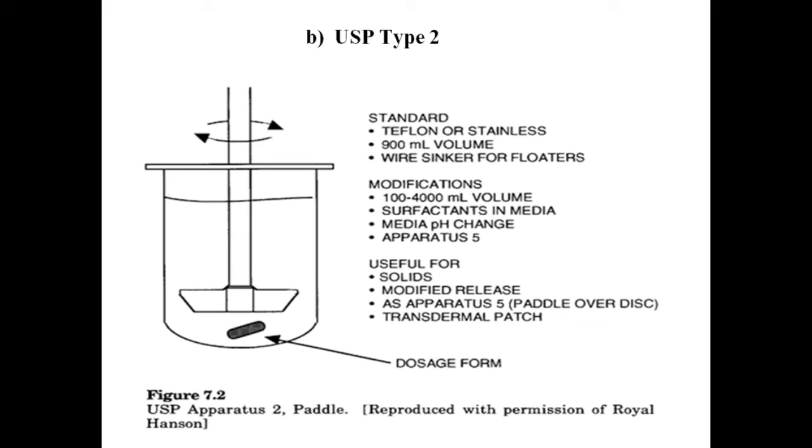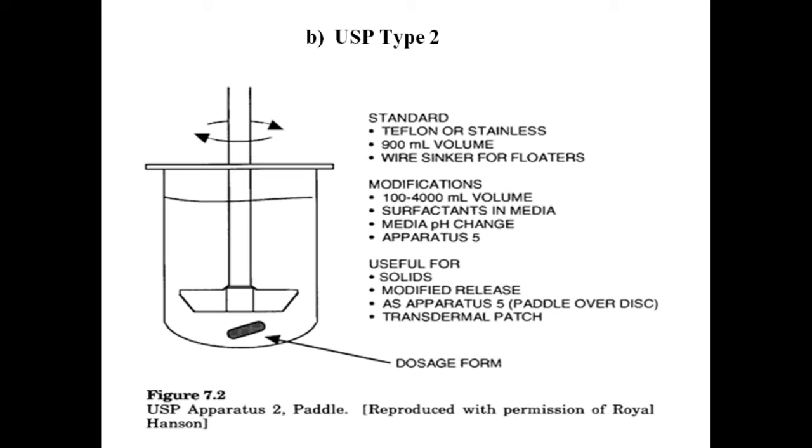With this apparatus, the dosage form is dropped directly into the vessel containing the dissolution medium and allowed to sink to the bottom. The paddle is then rotated at a specified speed but can be immersed in the vessel when the dosage form is dropped as long as the rotation device is switched off, which is the common industry practice.